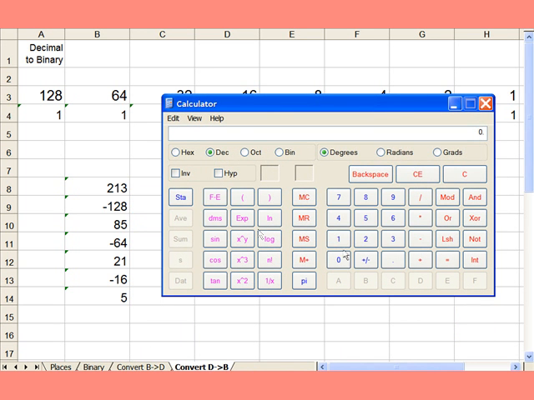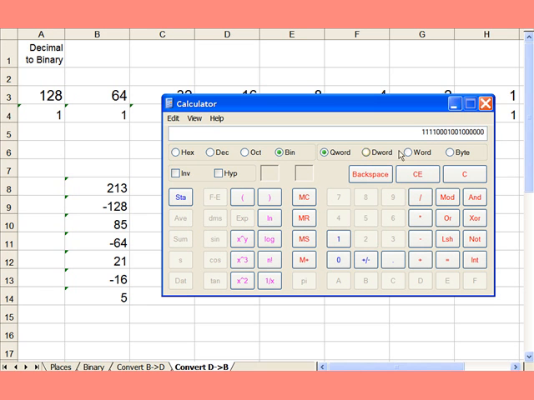So let's just play with one. Suppose we have 123,456. What is that in binary? Well, there's a lot of 1s and 0s there. You start to get a lot of binary places with relatively small decimal numbers.